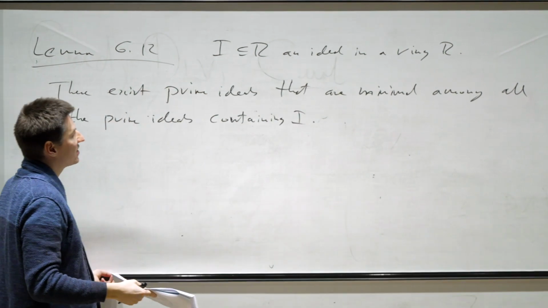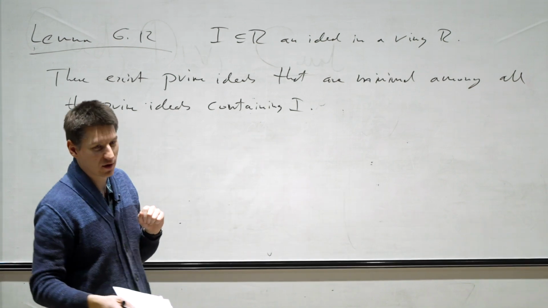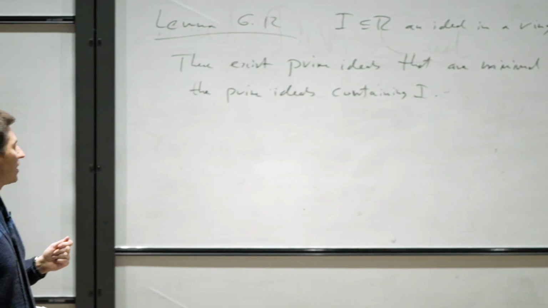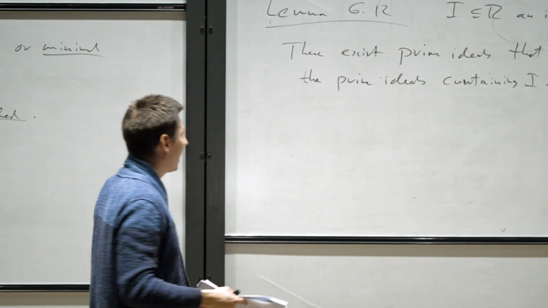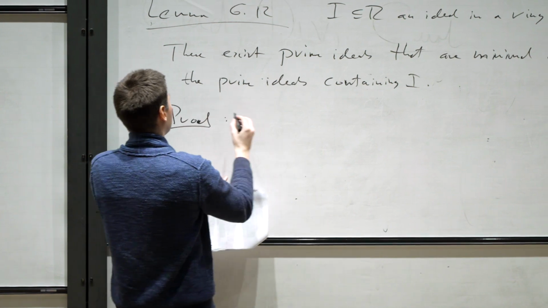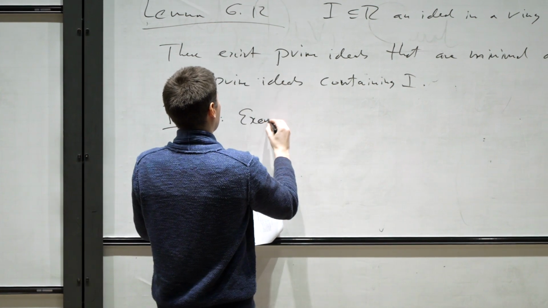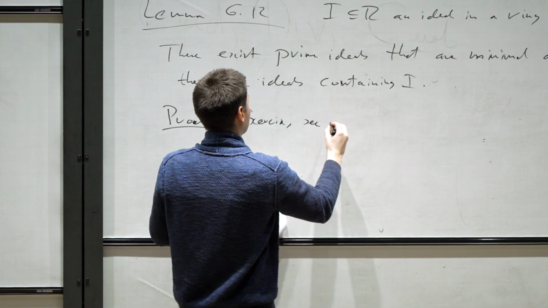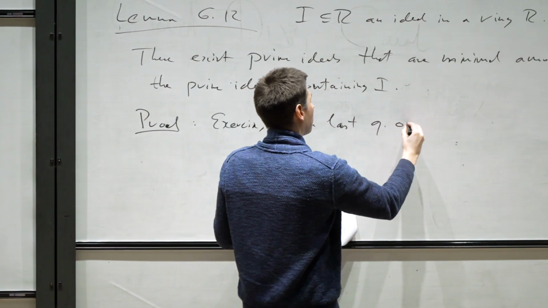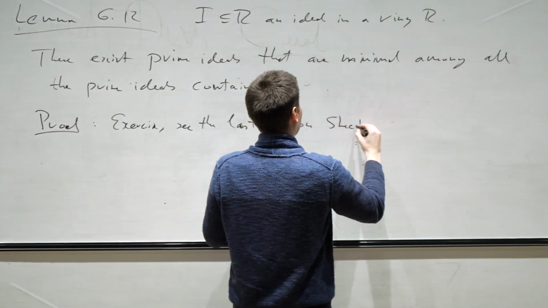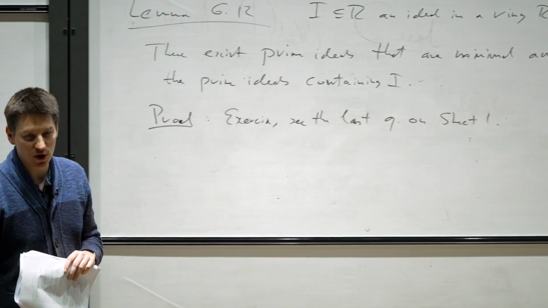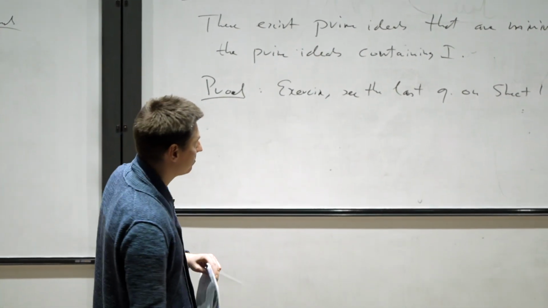I'm saying that the set I min that we looked at in the previous lemma is non-empty for every I, without the assumption that I is decomposable. How do you see this? Well, it's an exercise, but you've essentially done it. See the last question on sheet 1. It's an exercise in Zorn's lemma that there is a smallest prime ideal. Just do that.